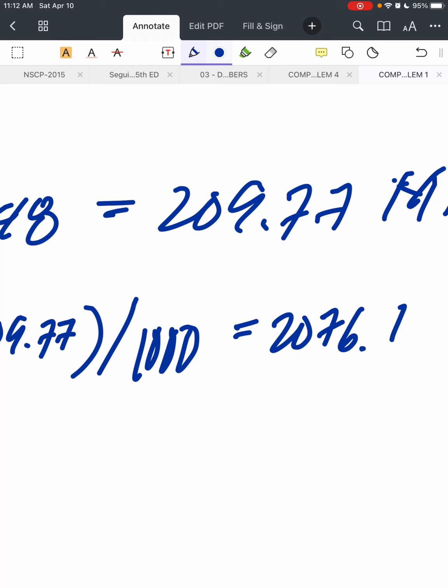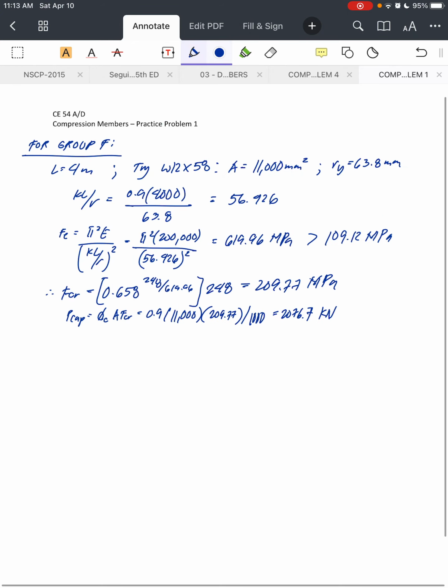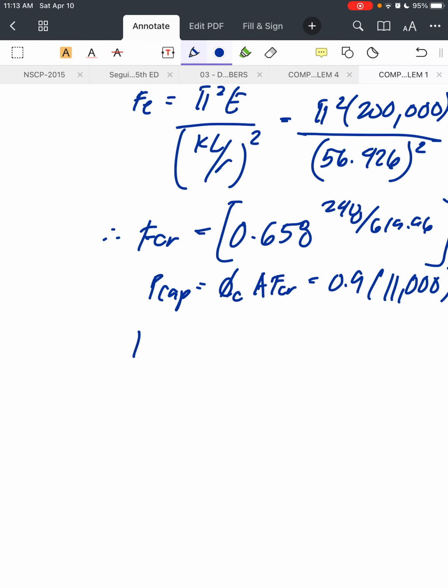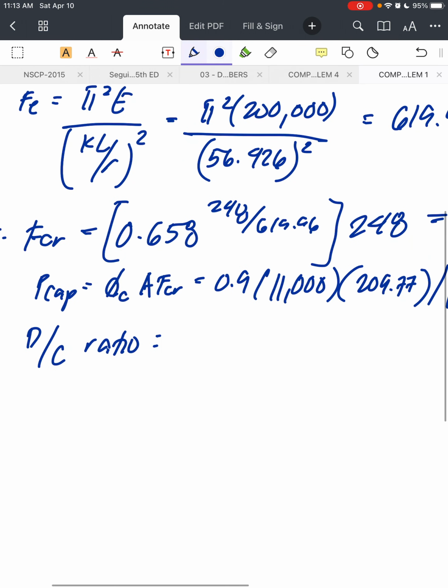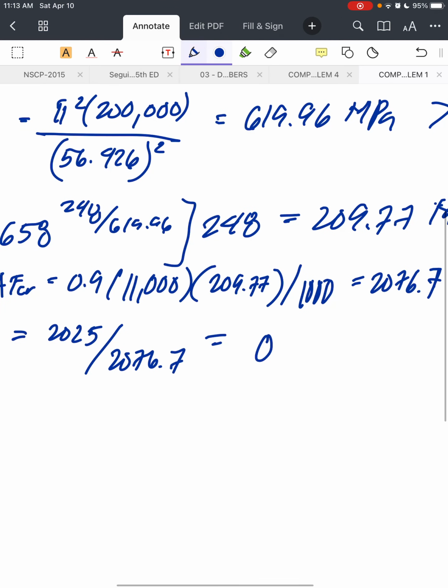That is 2076.7 kilonewton. So meron na tayong value for your Pcap, which is 2076.7 kilonewton. So let's compute for DC ratio. Now your DC ratio is equal to 2025 over 2076.7. So computing this, you have the DC ratio equal to 0.975.